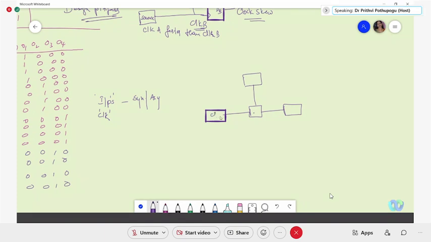Something like if this is combinational logic, this is D of A and this is D of B. Each will be having the same wire length. Okay, this is this clock source. Maybe this format we will be able to avoid the clock skew.